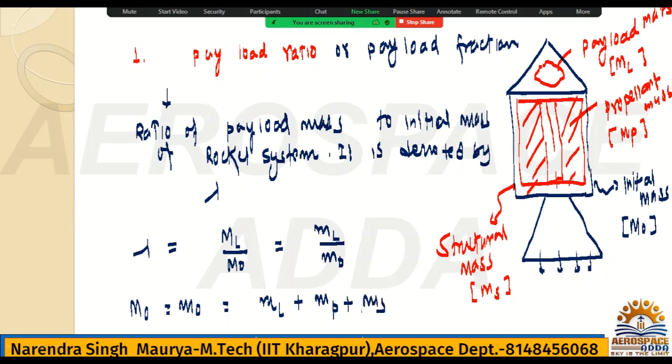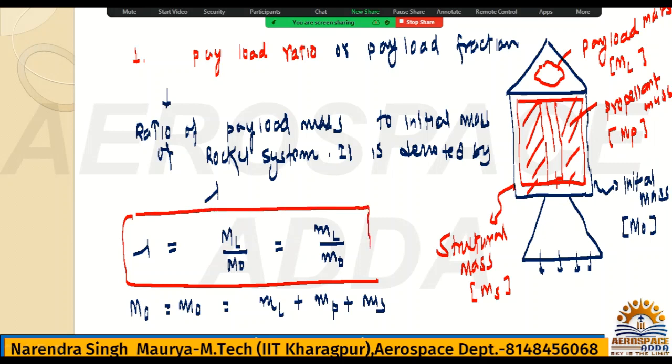If it is second and third stage, the calculation will be different. So this is the payload fraction. Always remember, it is denoted by lambda, and it is the mass of the payload divided by the initial mass of the rocket system. It is called payload fraction.